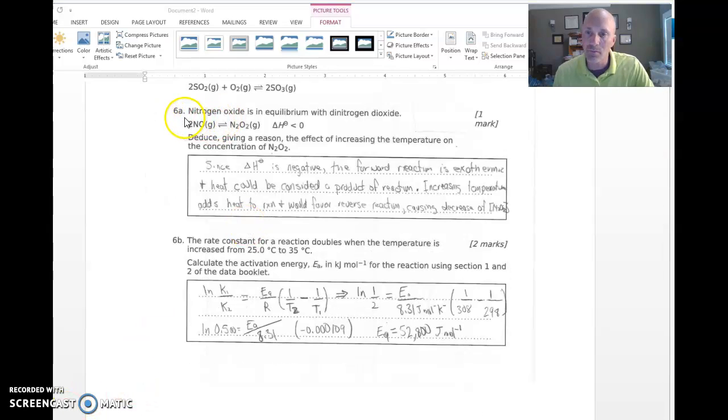Okay, so 6a is a classic Le Chatelier's principle. Remember, if it's exothermic, you can think of heat as being a product of the reaction, and if that's true, increasing temperature adds to the heat, and that's going to favor the reverse reaction. All right, 6b.